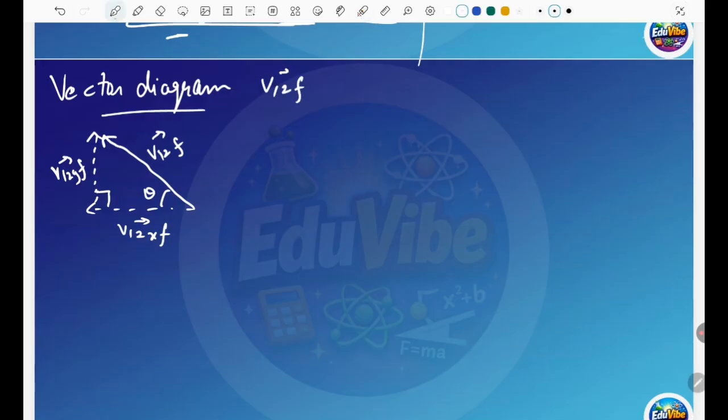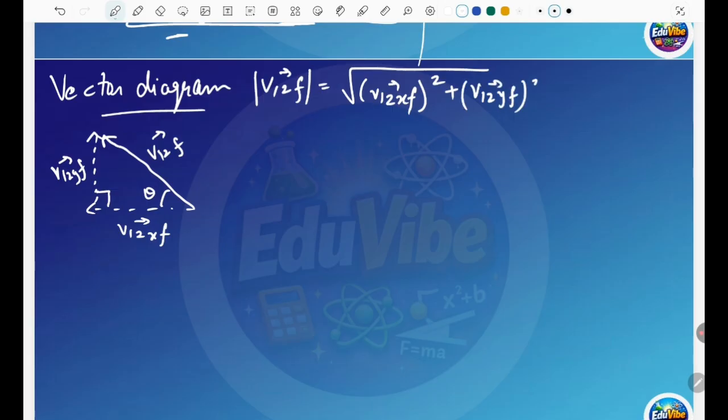For the v12f magnitude, we use the Pythagoras theorem: v12xf squared plus v12yf squared.